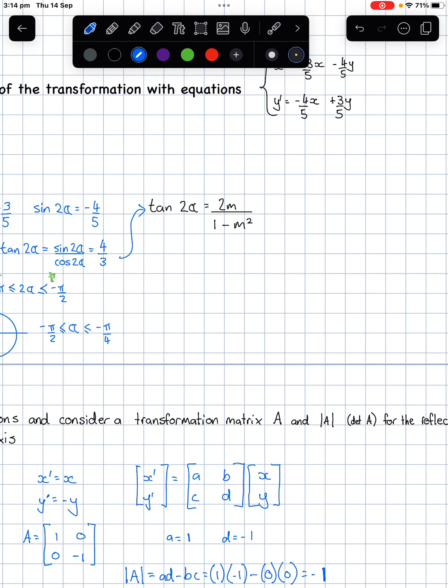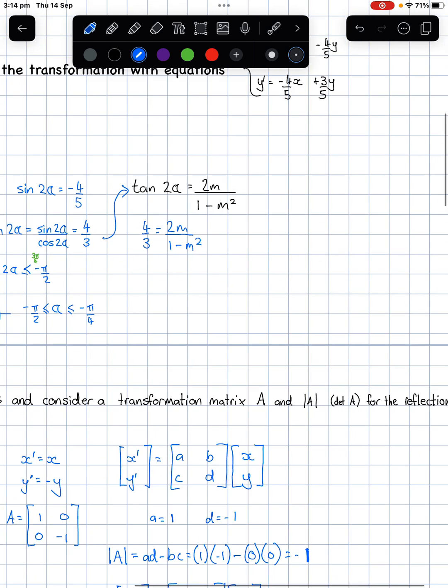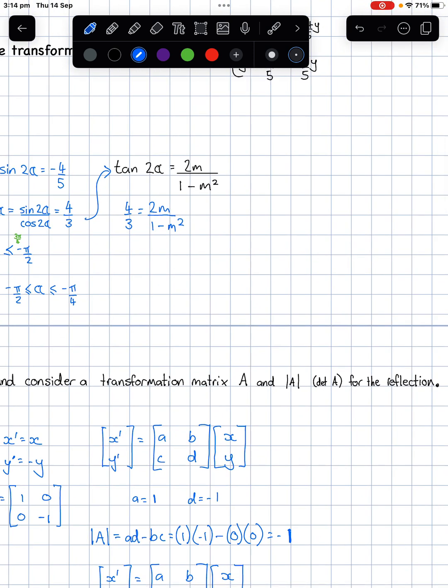From this we get that 4 over 3 equals 2m over 1 minus m squared. We cross multiply, so we get 4 minus 4m squared equals 6m. I'm going to take the 4 and the 4m squared to the other side.